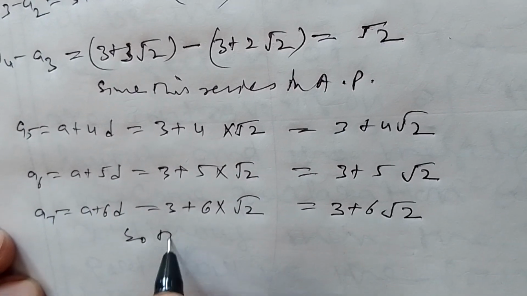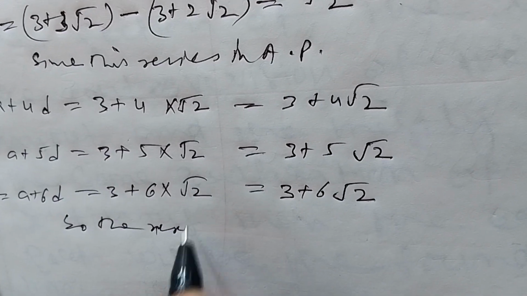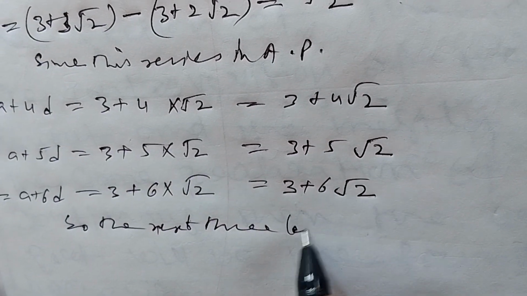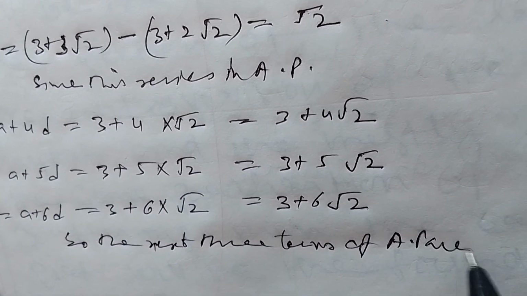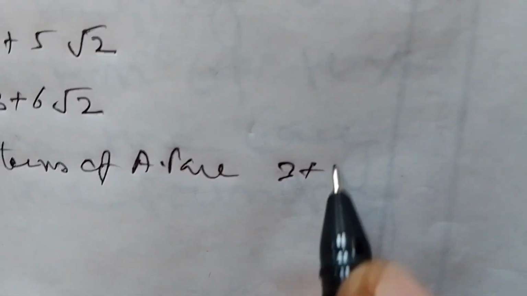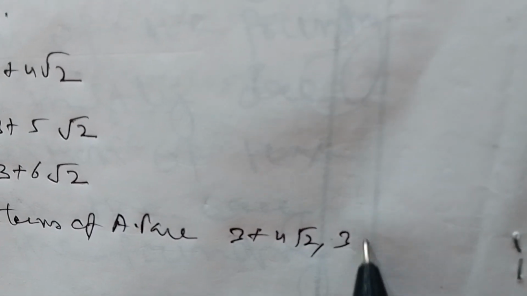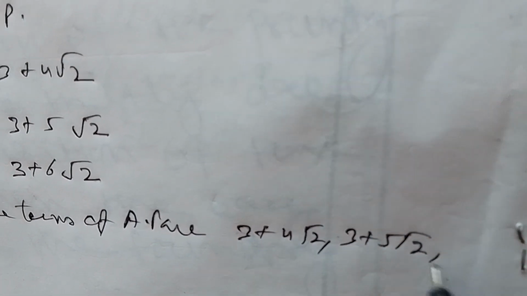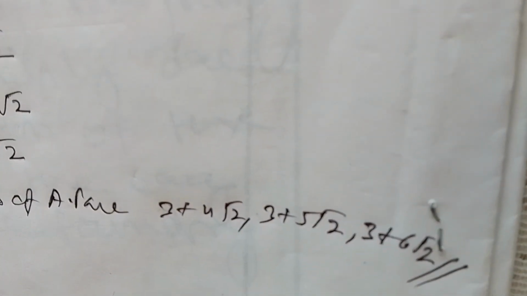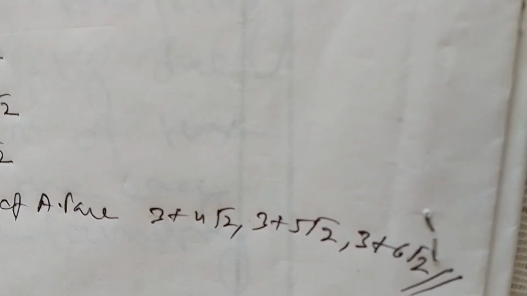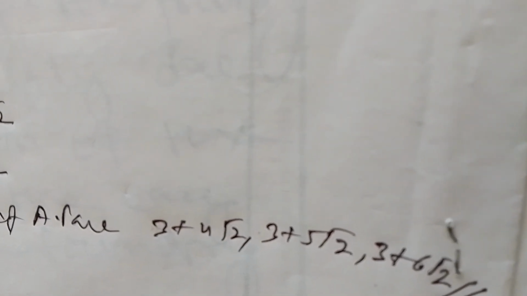So the next three terms of the AP are 3 plus 4 under root 2, 3 plus 5 under root 2, and 3 plus 6 under root 2. This is the answer of the fifth part of the fourth question of exercise 5.1.